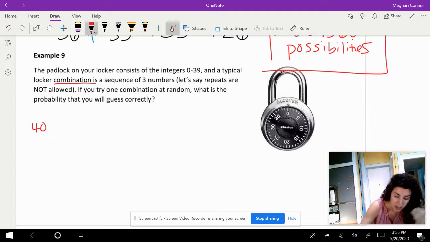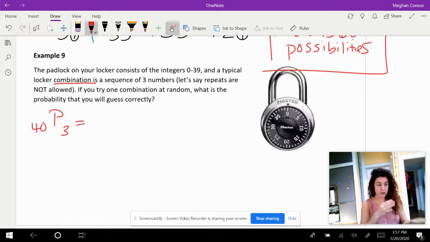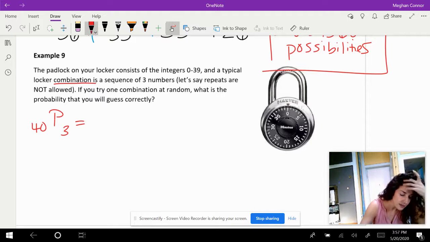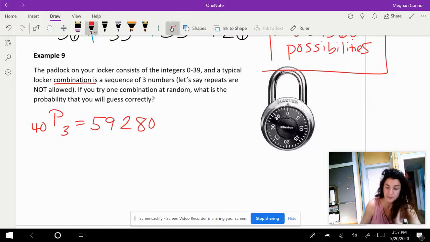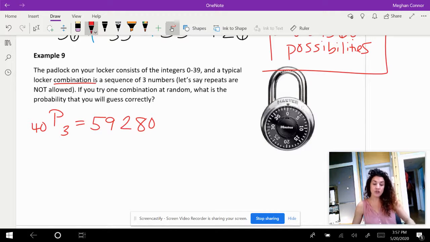So we have 40 options for numbers, and we're going to do a permutation of 3. How many different orders can you put them in if you're just choosing 3 of them? Going to probability and choosing permutation, we do 40, 3, and we get 59,280.